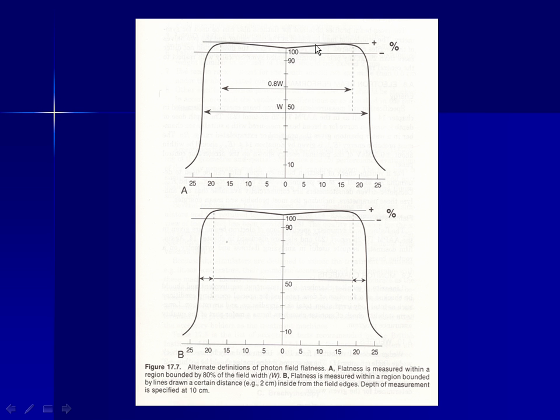So we have specifications that this needs to be certainly less than 2 or 3% across 80% of the field. And again, the design of flattening filters has improved through the years also.